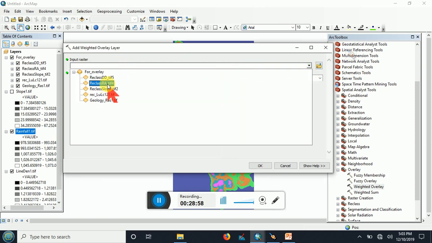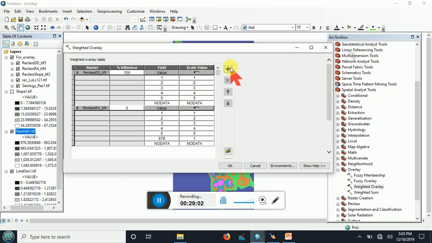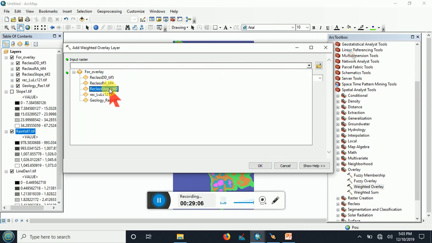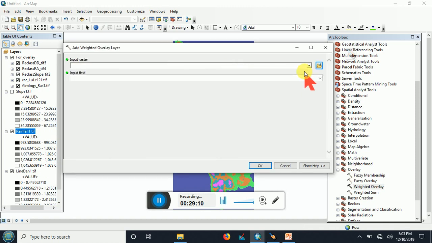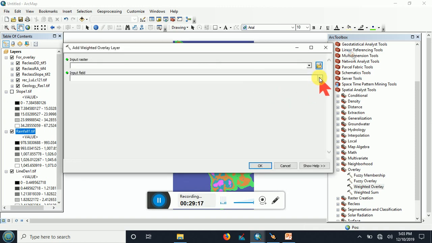For instance, rainfall, okay, and similarly slope, then okay, again land cover, and the last one is geology.